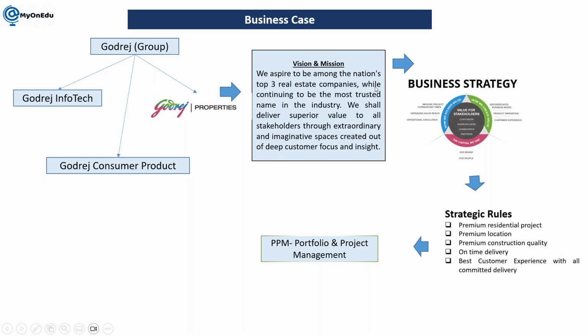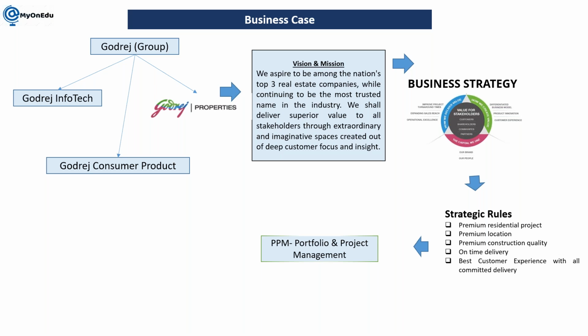It is not aligning with the strategic rules of my organization. So at first instance it will be cancelled. Here PPM is helping us manage the proposal at first glance itself, whether this is relevant to my strategy or not.